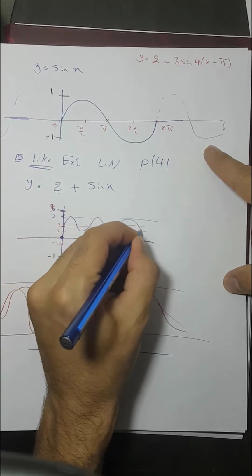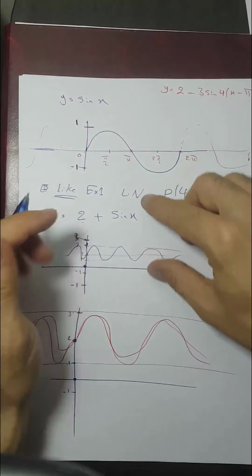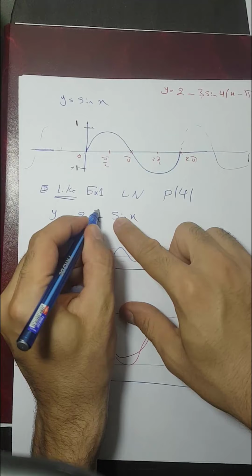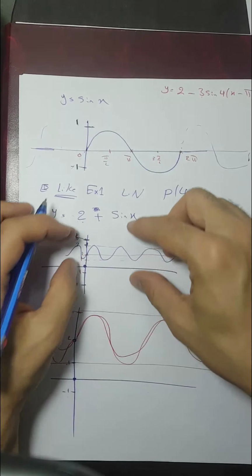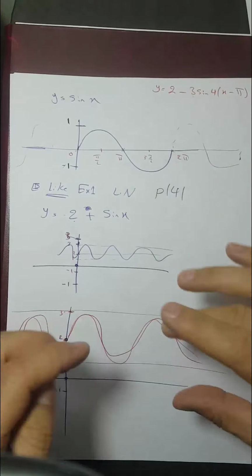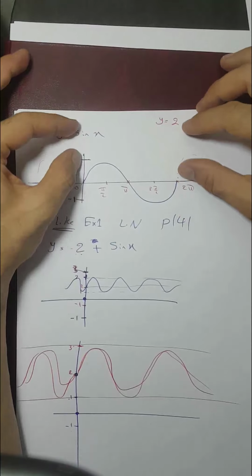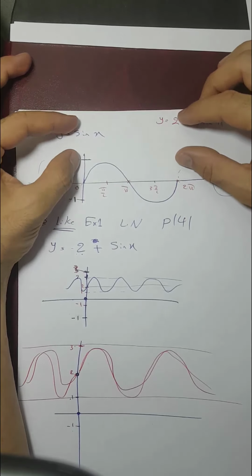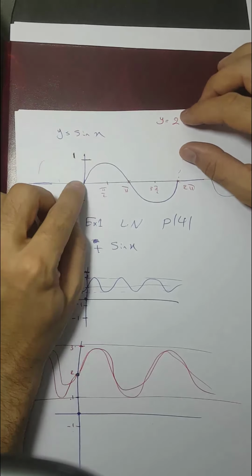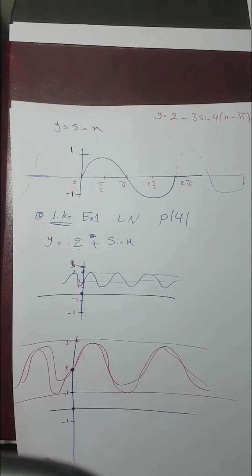I think it's easy, just like copy and paste, but we just shift it up. If I say -2, we're going down. So 2 plus sine x is just my original function shifting vertically, upward by 2 units. That's why 0 goes to 2, and -1 to 1 goes to 1 to 3. Okay, dear.